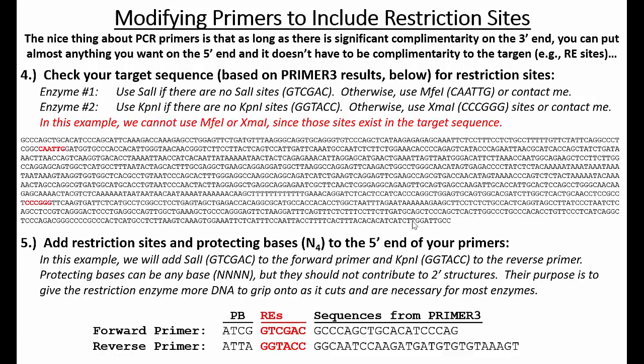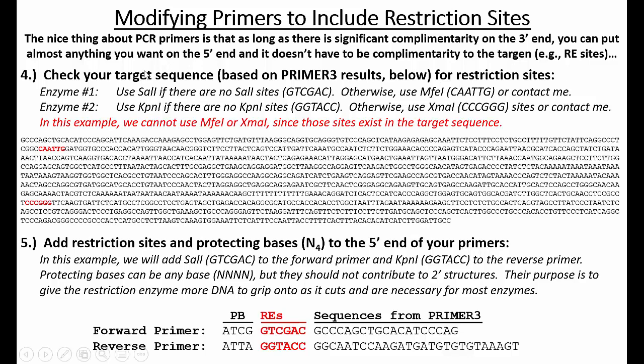We don't want any of them to be there, because remember, we're going to make a PCR product, and then we're going to cut that PCR product with these restriction enzymes on the ends. If those restriction enzymes cut inside the PCR product, then we'll get garbage. We'll get these tiny little fragments that don't clone into the plasmid.